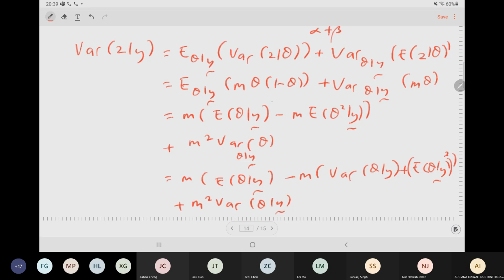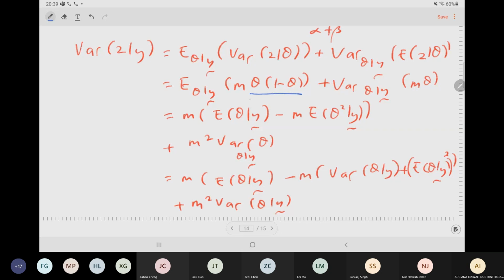One thing to take note of: if you're doing this part here, you cannot do it directly because this is a function, so you have to break it up.